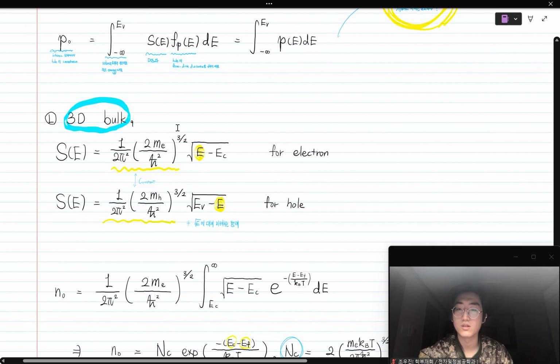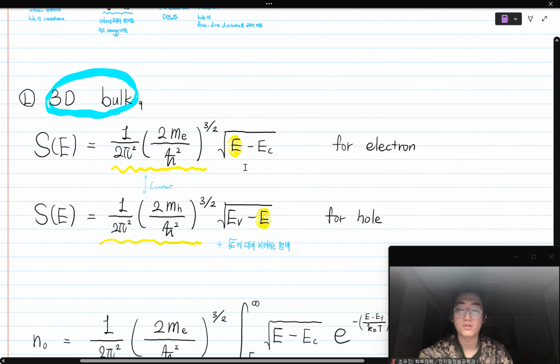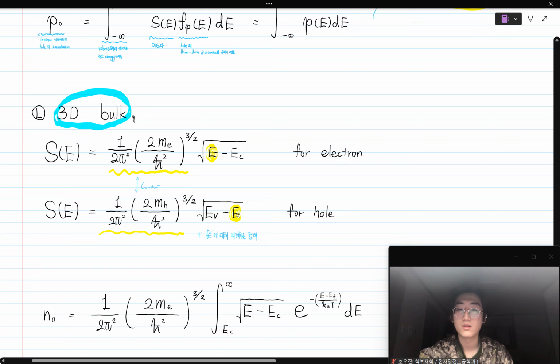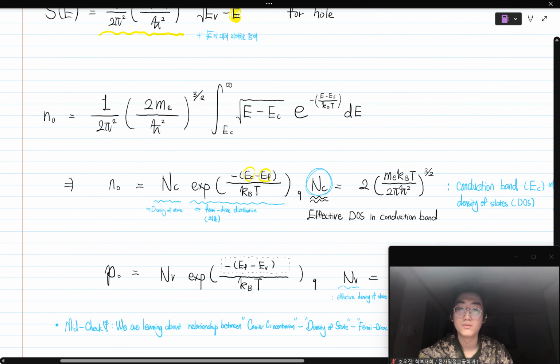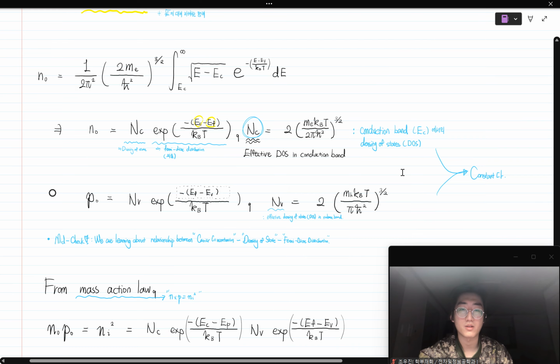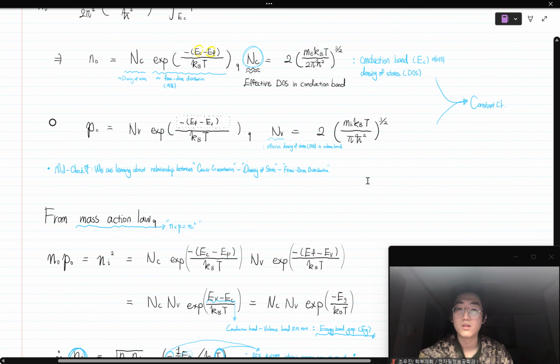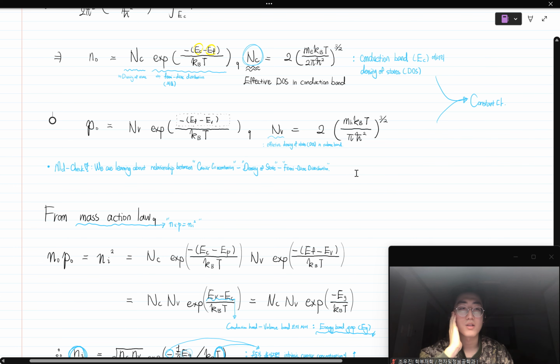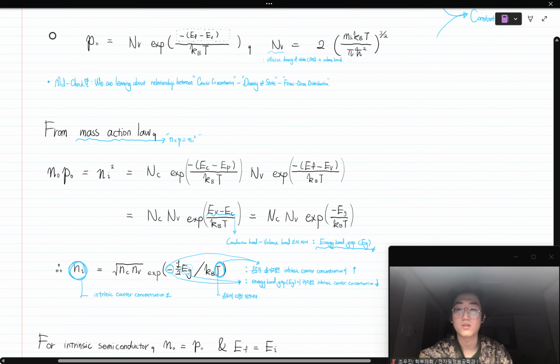In 3D bulk, we can express it like this, and these parts are constant, so it is a function of energy. And we did some mathematical work, and as you know, this work shows us the relationship between carrier concentration, density of states and the Fermi-Dirac distribution.